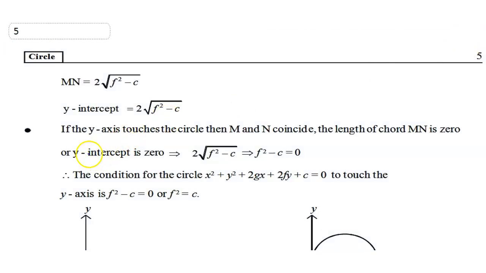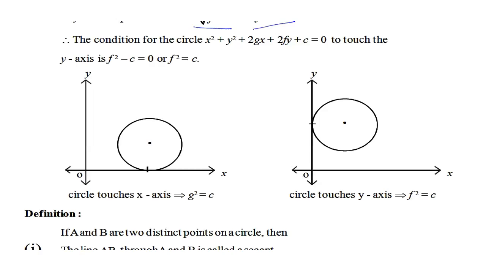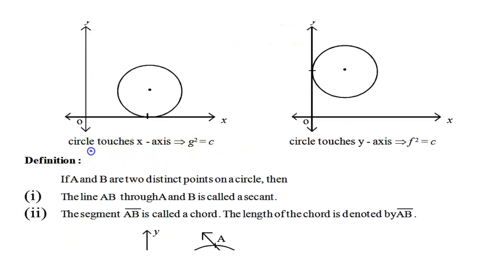Just now we discussed, if the y-axis touches the circle, the length of the y-intercept is 0, that is 2 root f square minus c is 0. So f square equals c. This is the concept for that. This is the touches-x-axis figure, and this is the touches-y-axis figure.